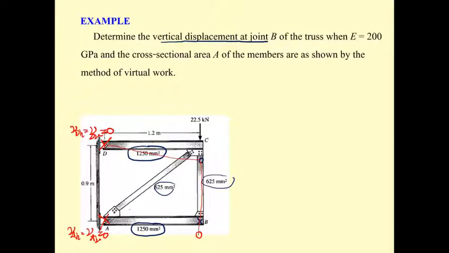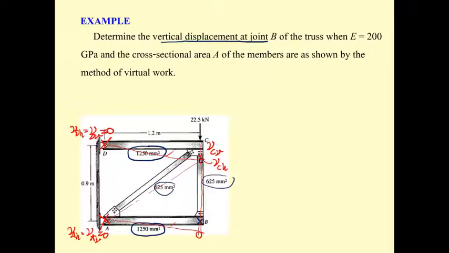Put your ruler and connect the joints together, and you can see some elements are in tension. For example, this one is supposed to be in tension. Some elements could be in compression. Sure, this one is in compression. And then you may have V sub C vertical, and this one V sub C horizontal, the same one as here.